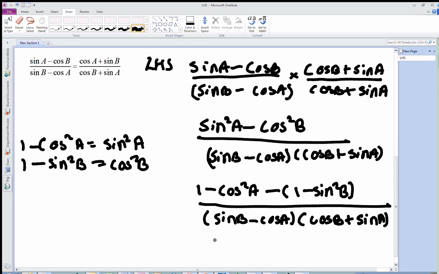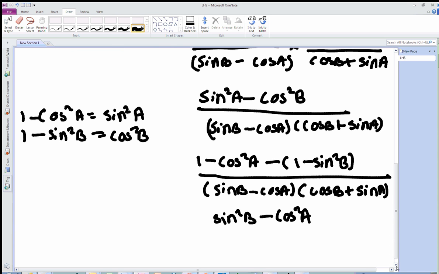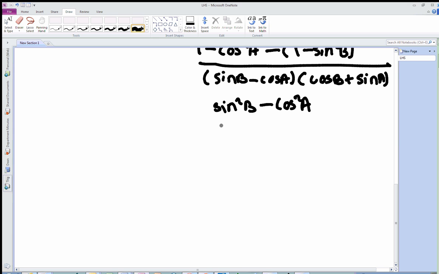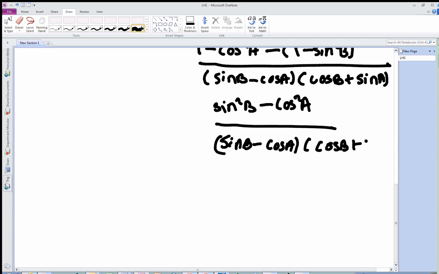So I'm going to be left with sine squared B minus cos squared A, and all of this is still all over sine B minus cos A, and this is still cos B plus sine A.